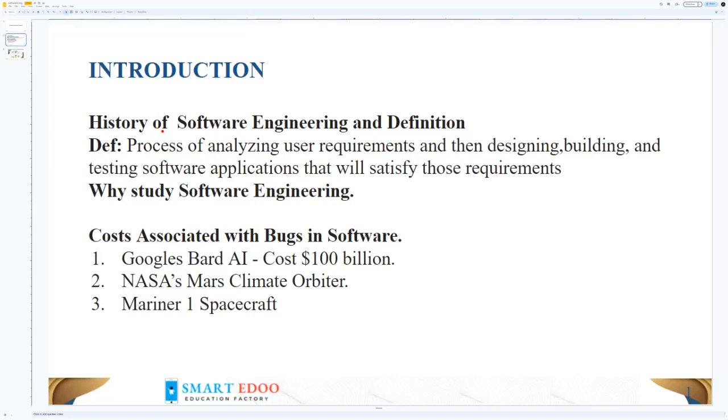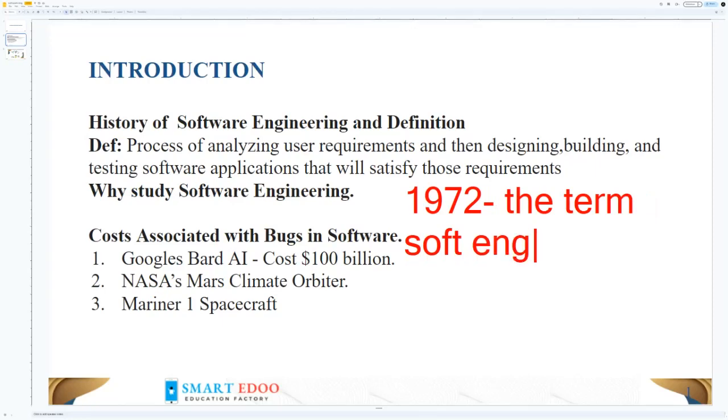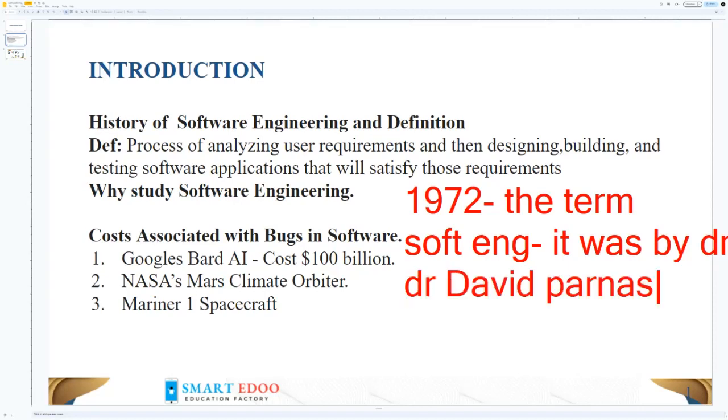Let's look at the history part of software engineering. It was in 1972 that the term software engineering was coined. It was by Dr. David Parnas when he published the paper called "On the Criteria to Be Used in Decomposing Systems into Modules."